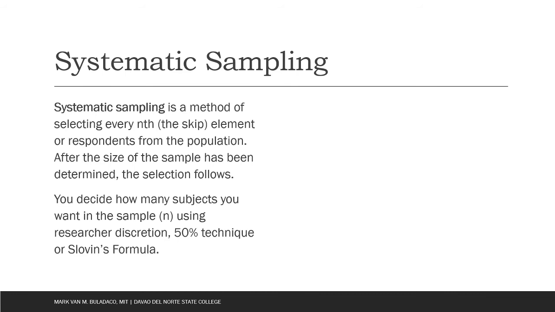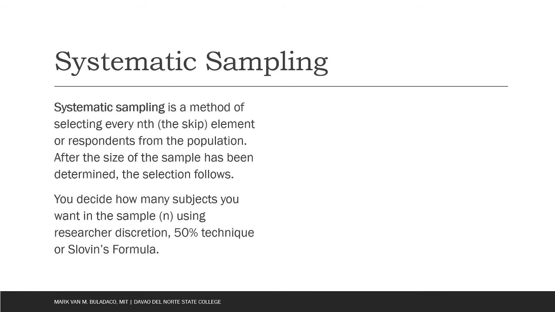Another type of probability sampling is the systematic sampling. Basically, it is a method of selecting every nth element, or we call that the skip, of respondents from the population. So when you already know the sample size, the systematic selection will follow.